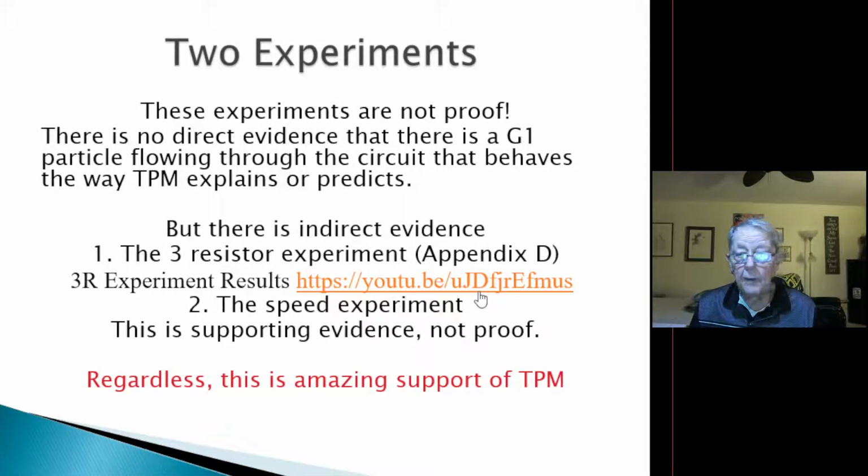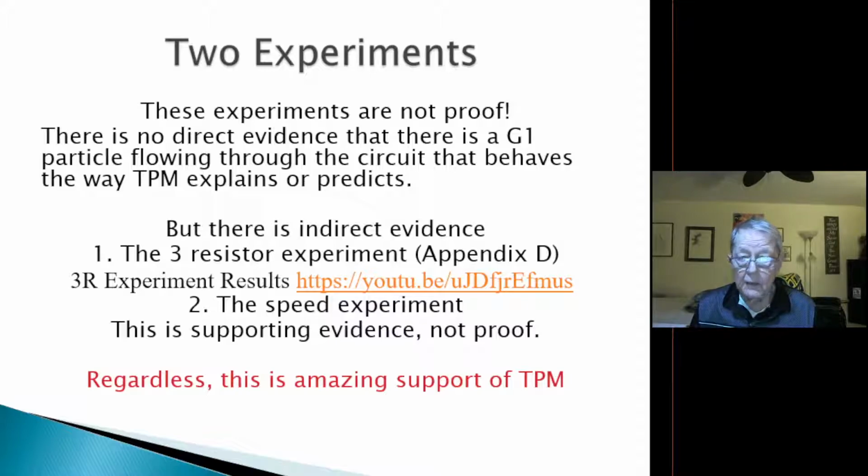Okay, so by the way, I've done 2 experiments, one of them almost 3 years ago. And these 2 experiments are not proof. I don't want you to get the idea that we have proved the particle model, because there is no direct evidence that there is a G1 particle flowing through the circuit that behaves the way TPM explains or predicts.